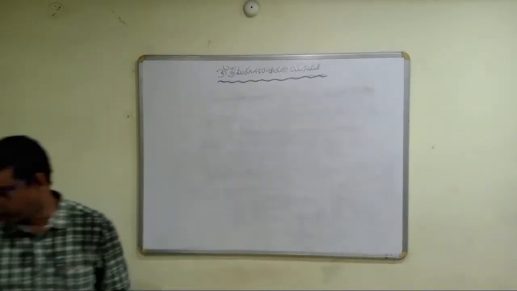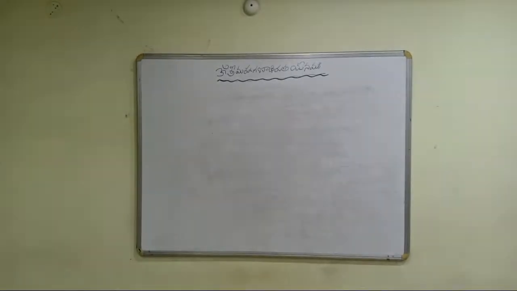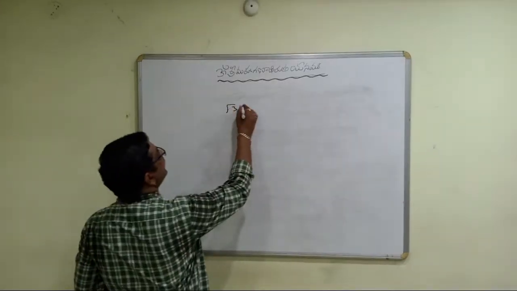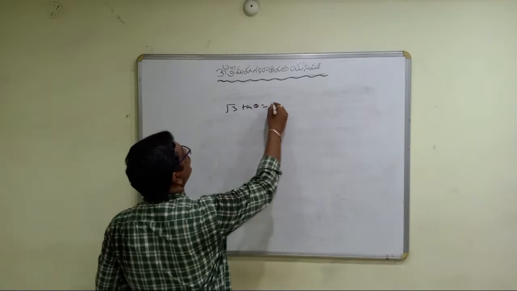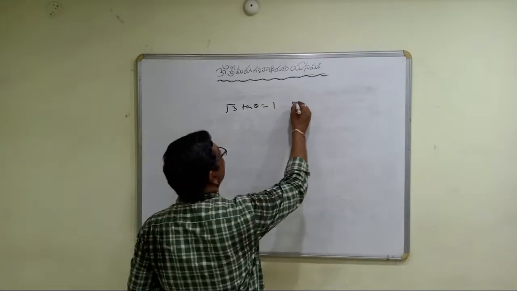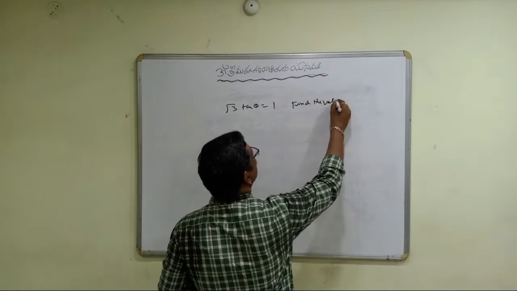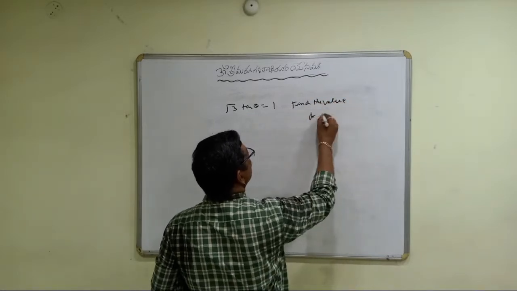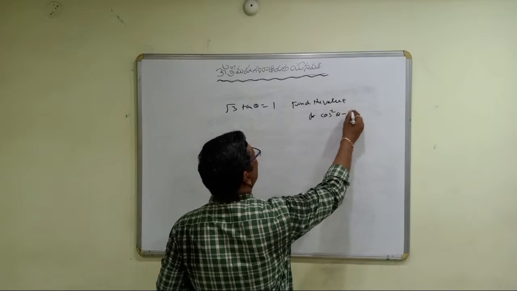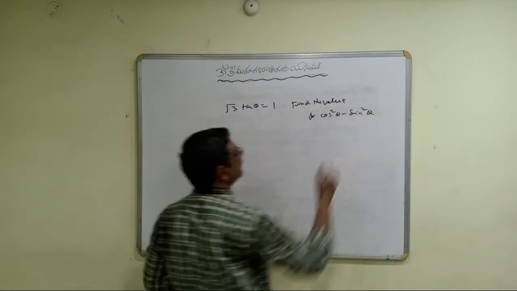Okay, next one. Root 3 tan theta is equal to 1. Then find the value of cos square theta minus sin square theta.